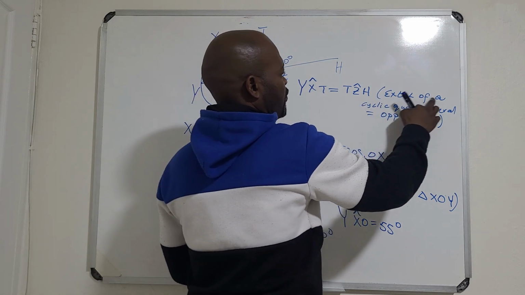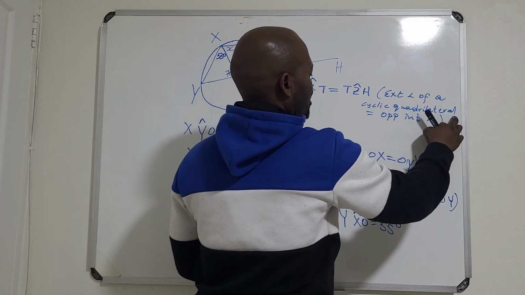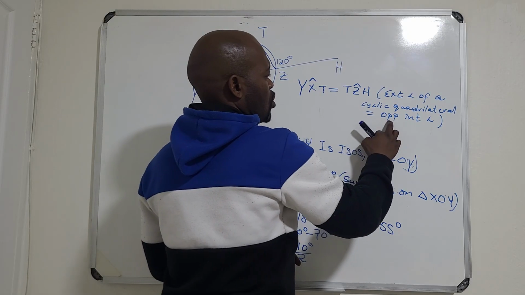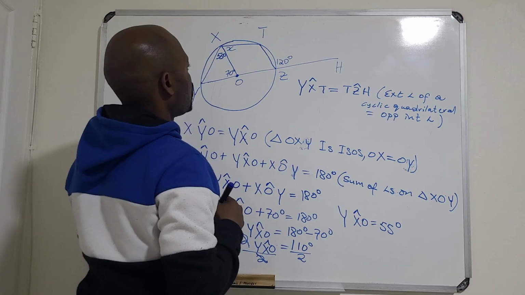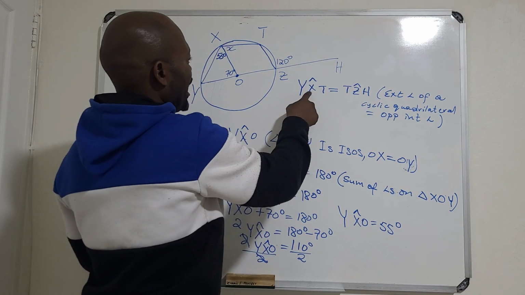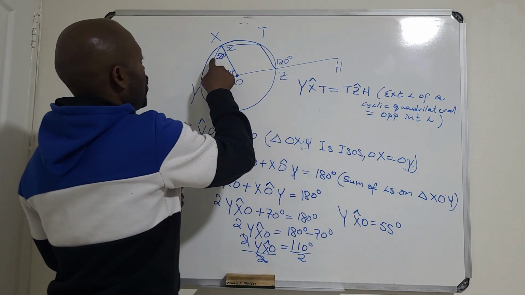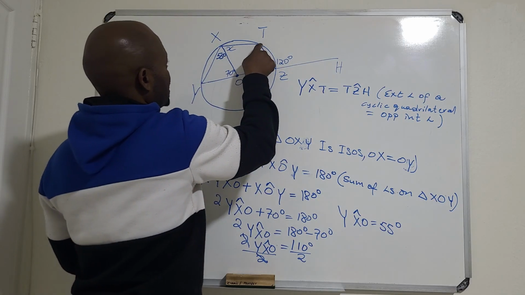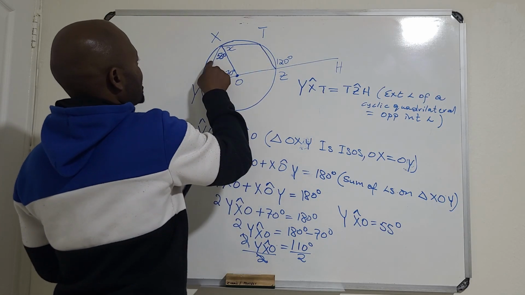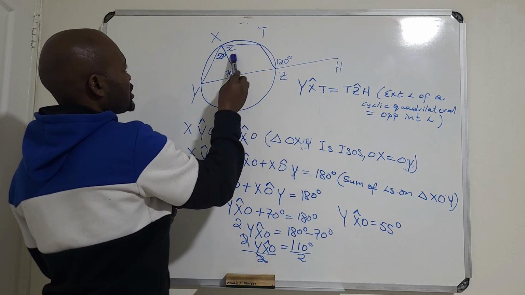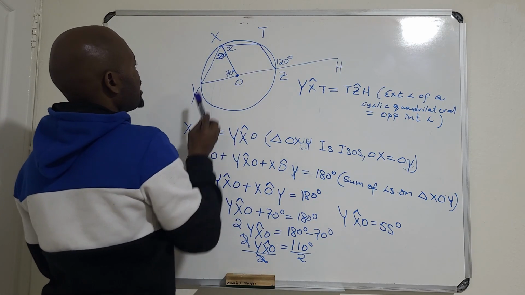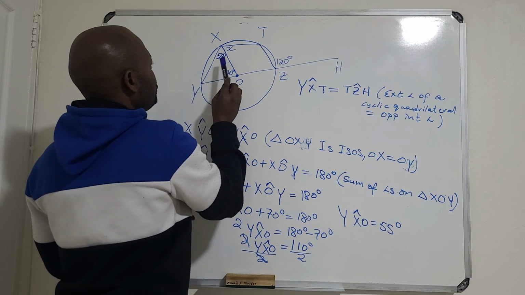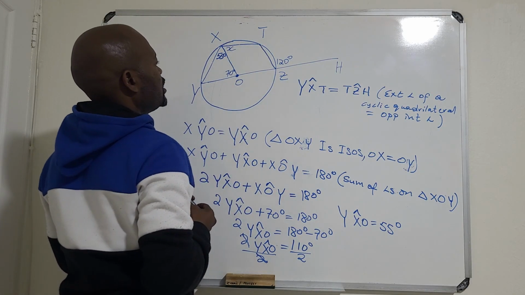Exterior angle of a cyclic quadrilateral is equal to opposite interior angle. Now, angle YXT is the same as this angle plus this angle.